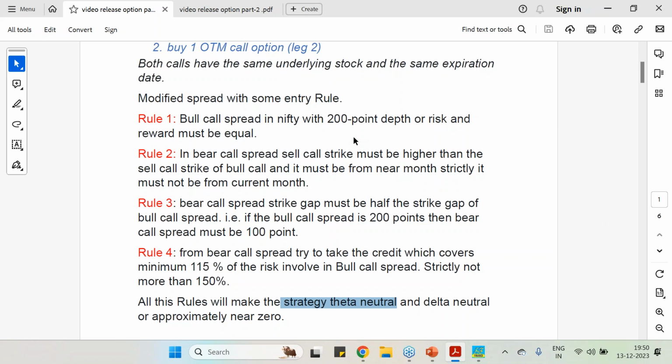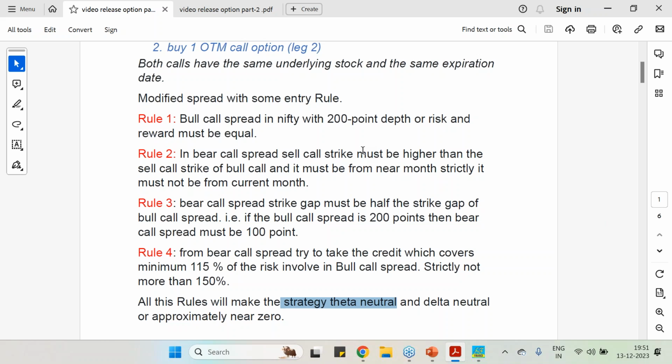Beyond 15 days, no. Because the far month or near month option you sold will have a smaller theta decay, and the current month will have a rapid theta decay, so that will make it unstable. For that reason, it should be initiated on the first day or first week, and closed by the 15th. Beyond that, no holdings.